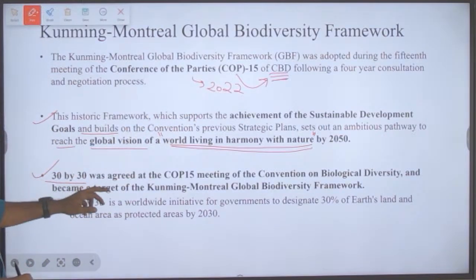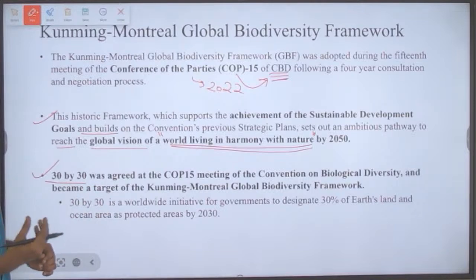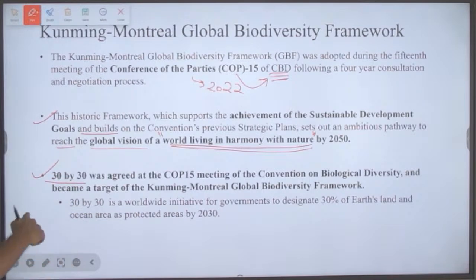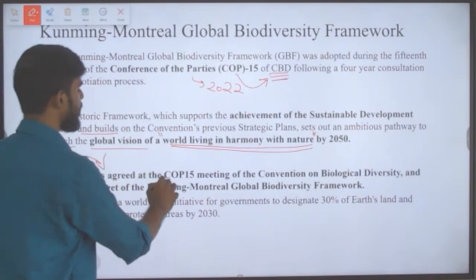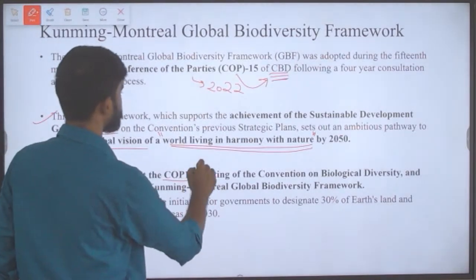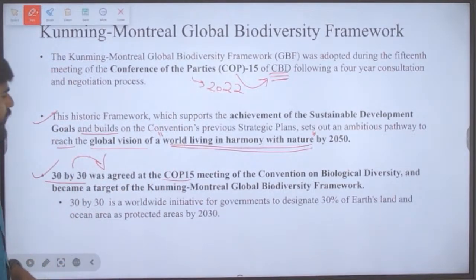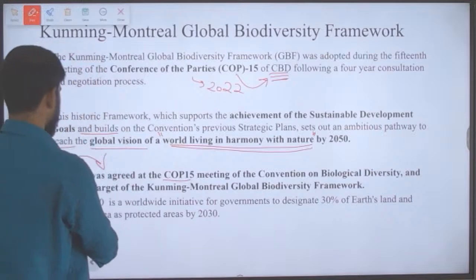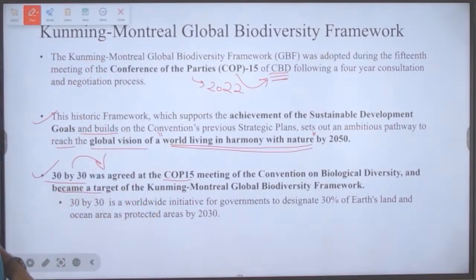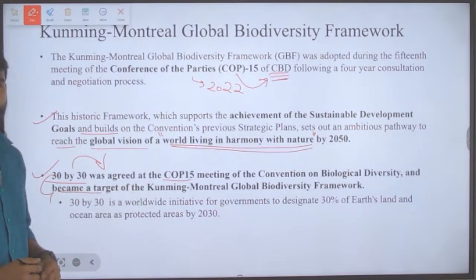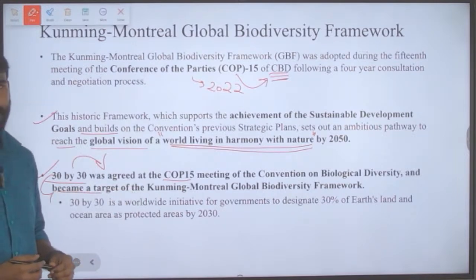And they also have another important initiative called 30 by 30. This 30 by 30 initiative was agreed at this COP15 meeting, which adopted the framework, and it became a target of this Kunming-Montreal Global Biodiversity Framework.